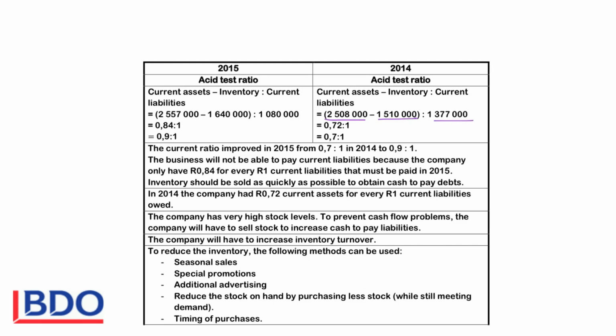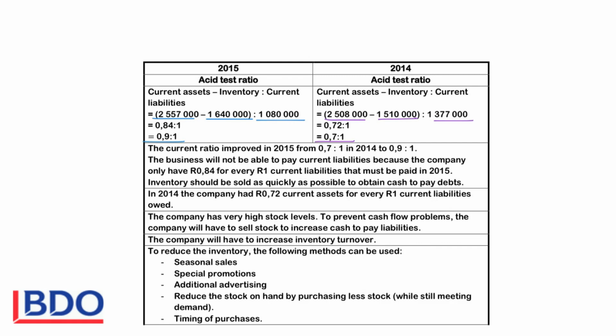The acid test ratio gives us 70 cents assets for every R1 that's owed. If we look at 2015 and we take the current assets, subtract the inventory that's available at the end of 2015, it will give us a ratio of 0.91 to 1. That means we've got 90 cents for every R1 that we owe.